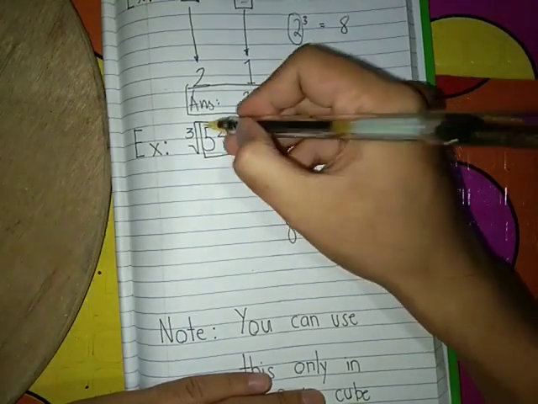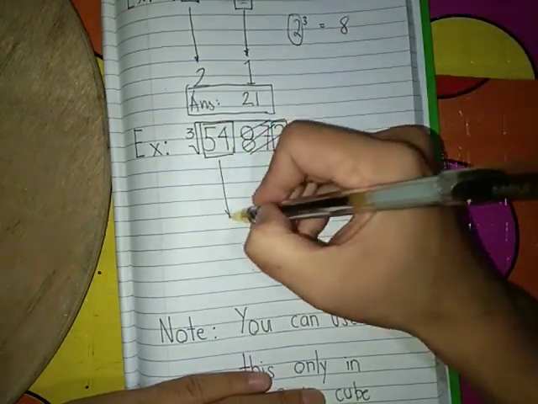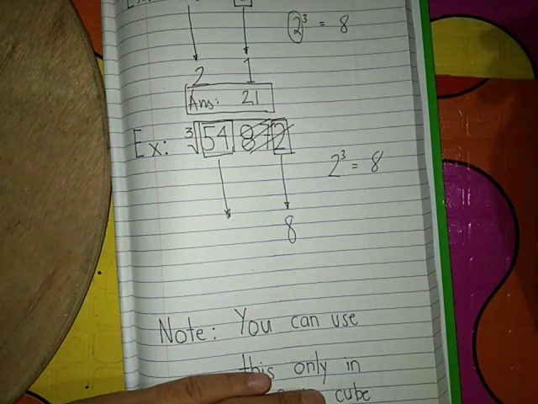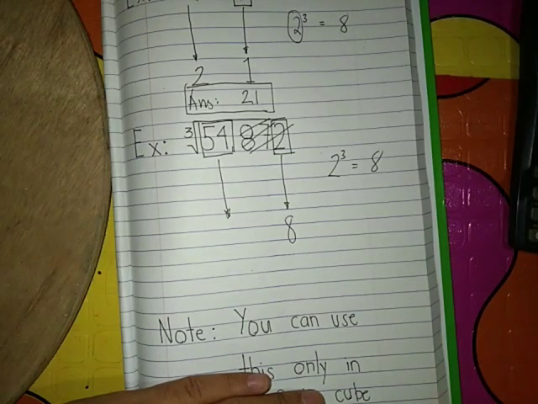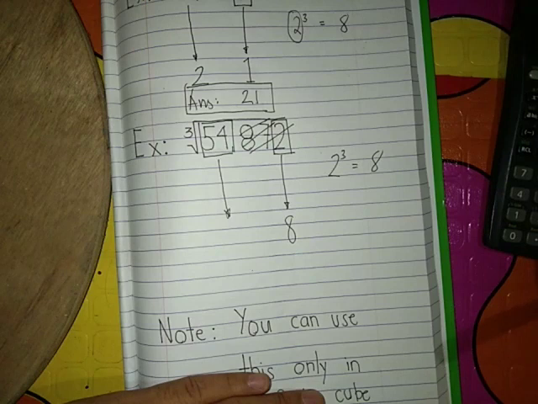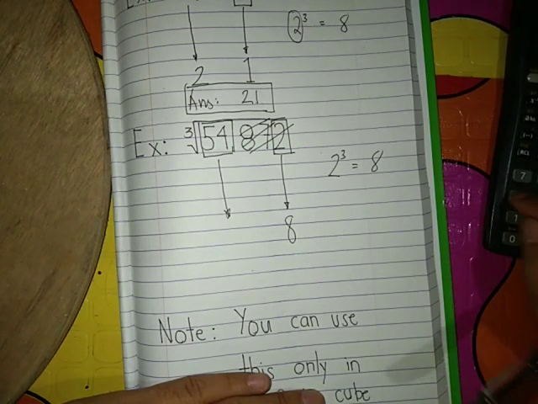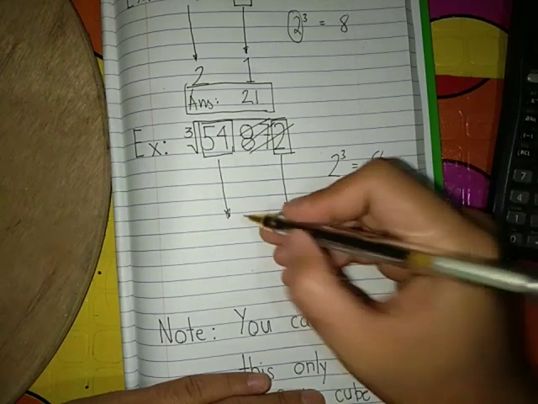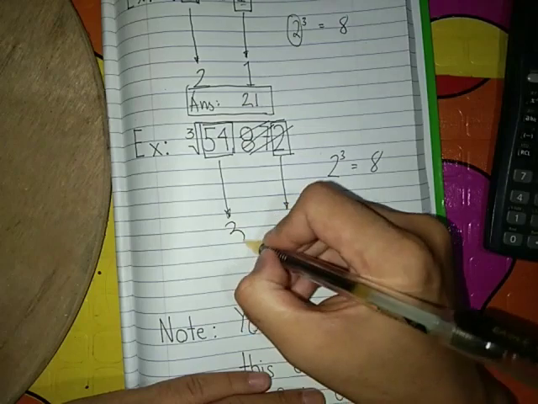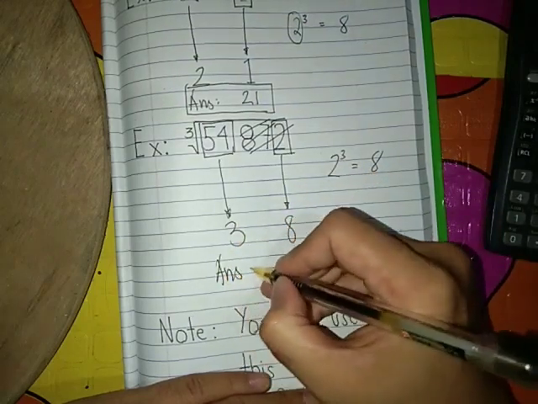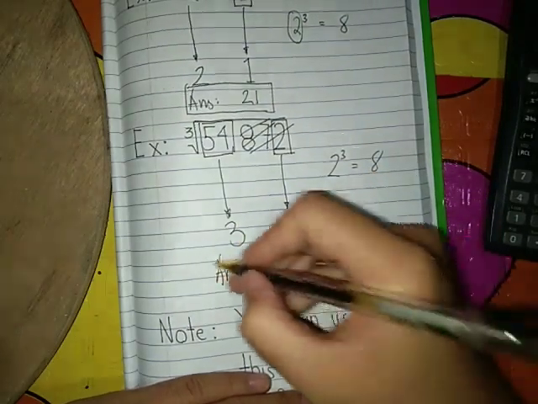The remaining number is 54. What is the closest number? Three, right? Answer is 38.